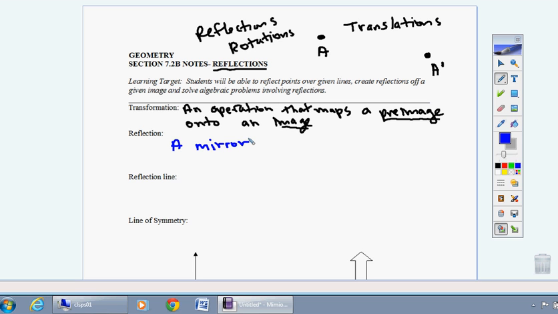So when we think about a reflection, a reflection is a mirror, or in other words, it uses a line that acts like a mirror.